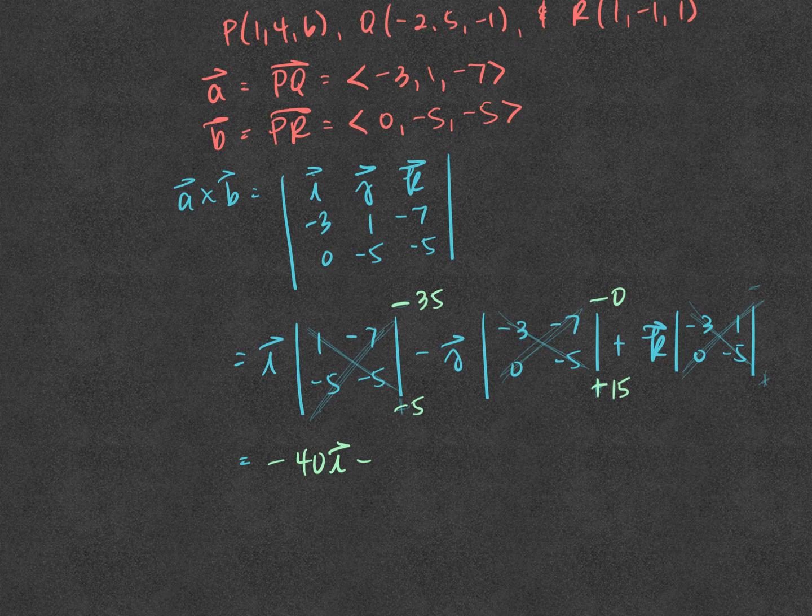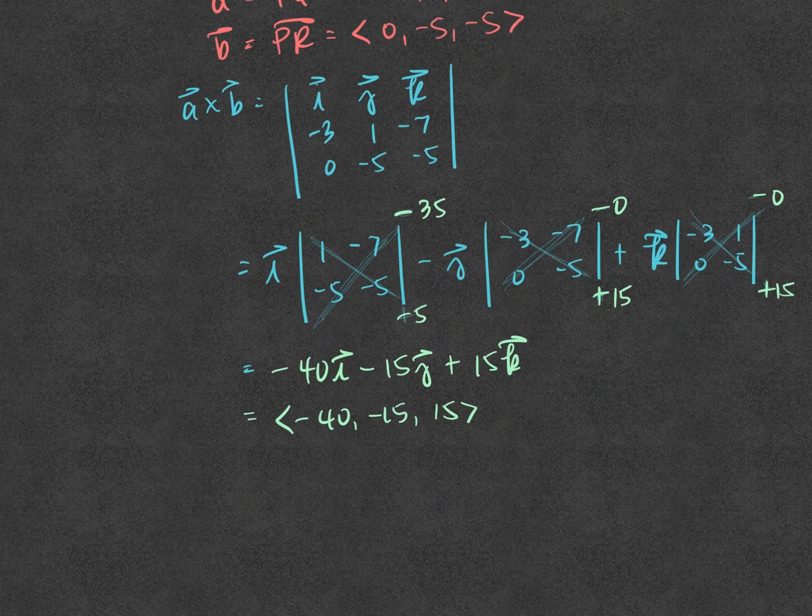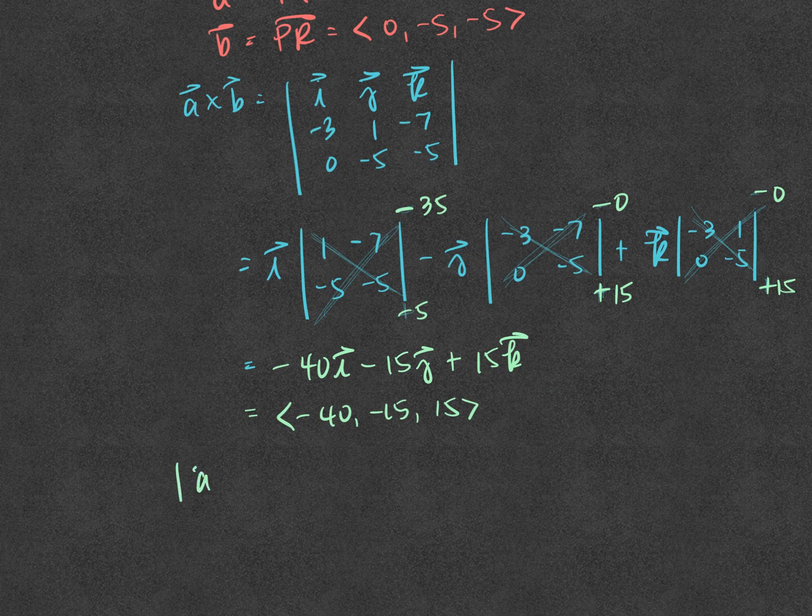So we have minus 15j. Plus, when we multiply the down diagonal here, we have a positive 15. When we multiply the up diagonal, we have a minus 0. So we have plus 15k. So that means our vector is -40, -15, positive 15. Now, in order to find the area of the parallelogram, we need the length of that. So let's talk about the length of A cross B.